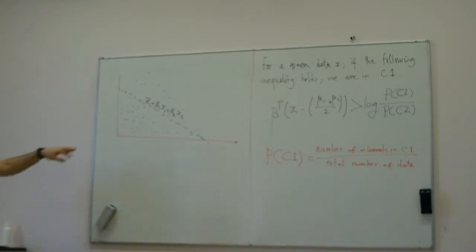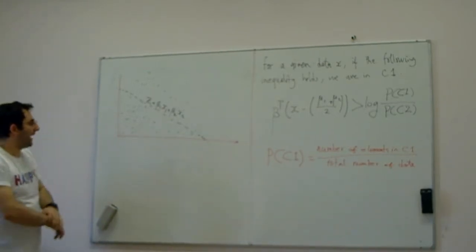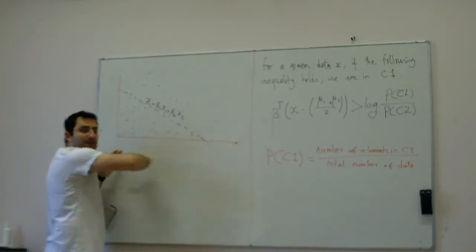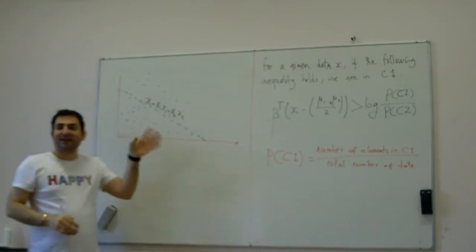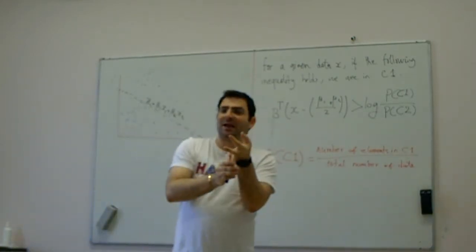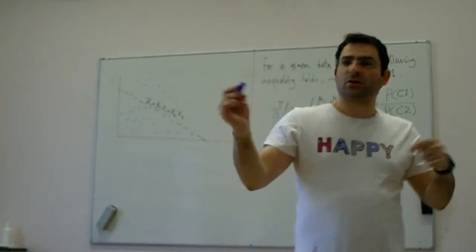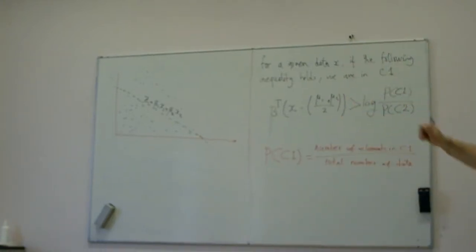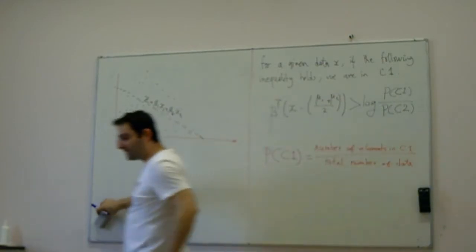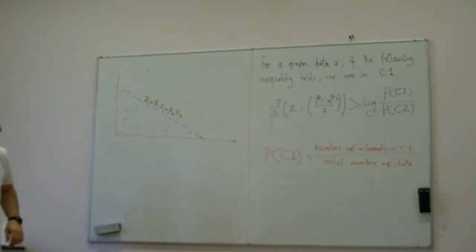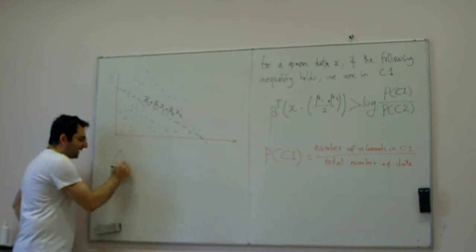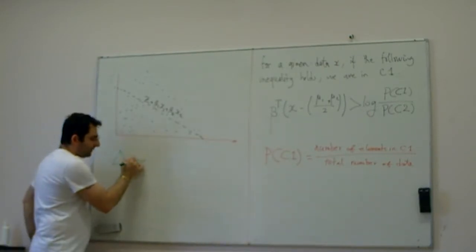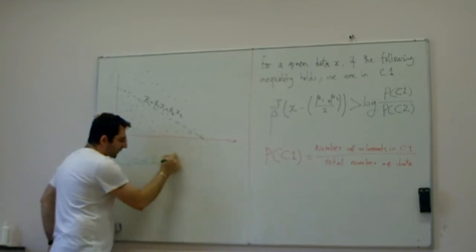For that data, they have the value of x, whatever the x-axis and y-axis mean, so they can calculate the covariance, they can calculate the means, so they can simply substitute into the formulas that I just showed. And after that, when they calculate the delta, they find that delta is 2.5.